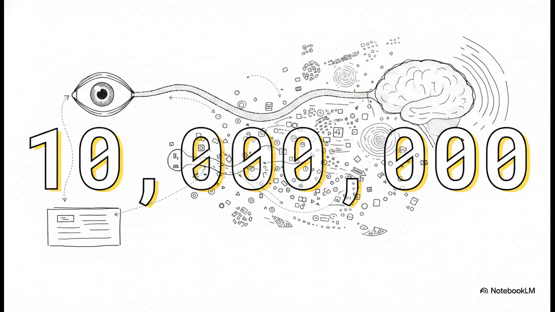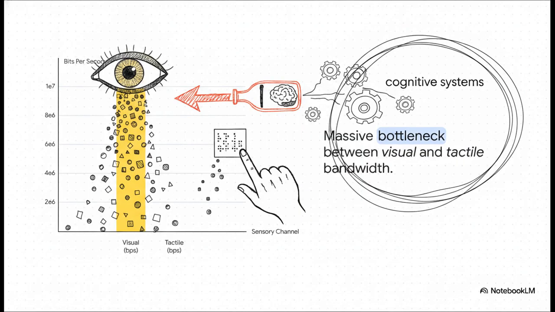According to the research, this is the estimated physical transmission bandwidth of the human retina communicating raw visual data directly to your brain. When you're looking at a screen or reading a printed page, you're relying on a massive, high-speed biological data pipeline. And this brilliantly illustrates our staggering biological bottleneck. Look at this comparison.